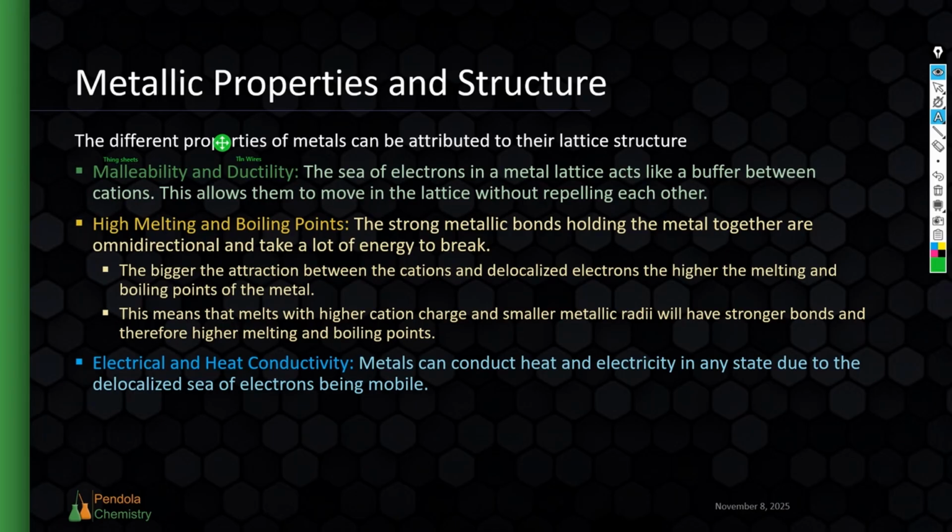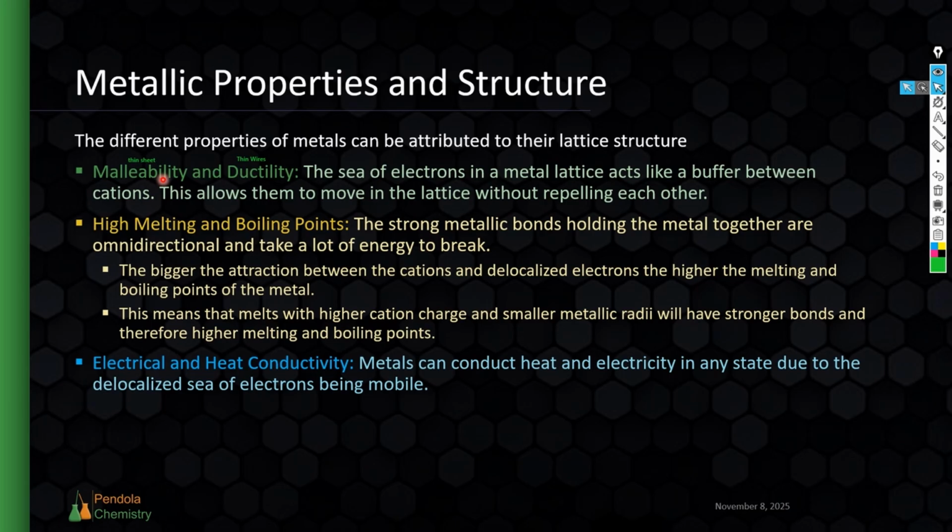Now, with both malleability and ductility, we are looking at the shaping of the metal, whether it's something that we're pounding into a flat sheet or something that we're drawing into a thin wire. We're talking about shaping the metal.